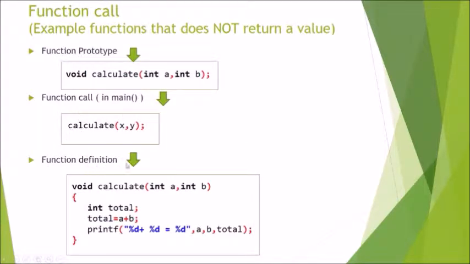The function definition should follow the function prototype without the semicolon. And the function body is different from the last example because we don't need to return any value in the void function.